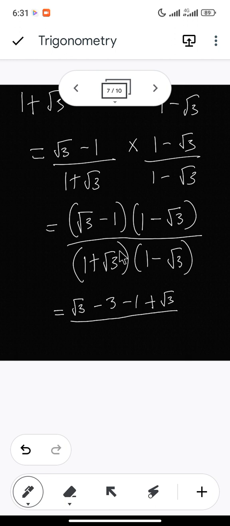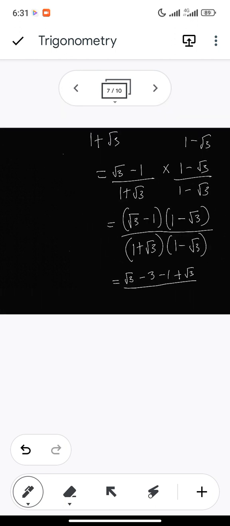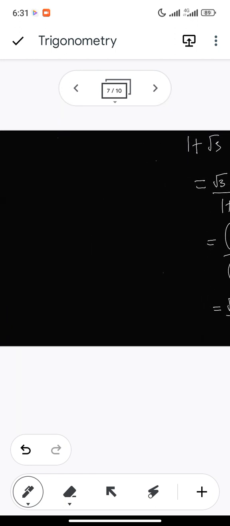For the denominator, you can either expand it the way we expanded the numerator, or we apply something called the difference of two squares. The difference of two squares says that a squared minus b squared gives us (a plus b)(a minus b). So this can work interchangeably.